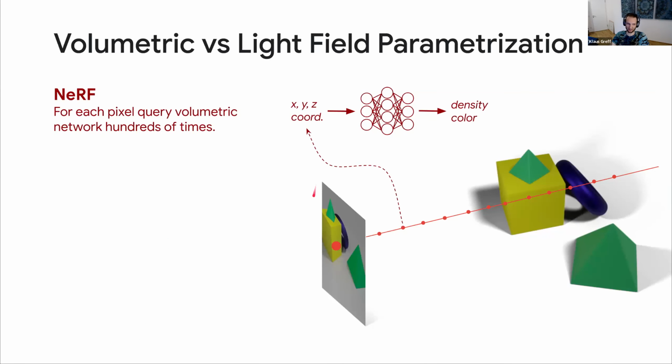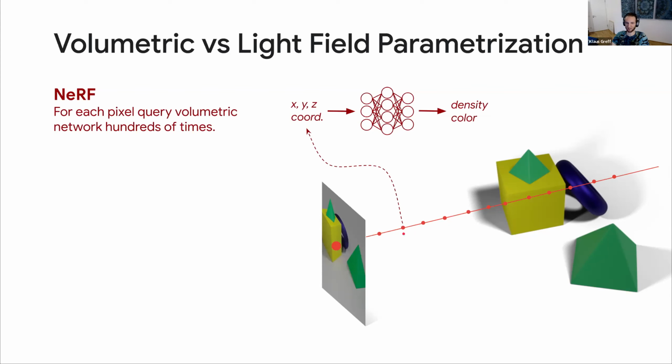Essentially, the reason for that is that what happens to render an image with a neural radiance field is that for every pixel, you compute a ray through the volume of the scene. And along that ray, you sample hundreds of points.